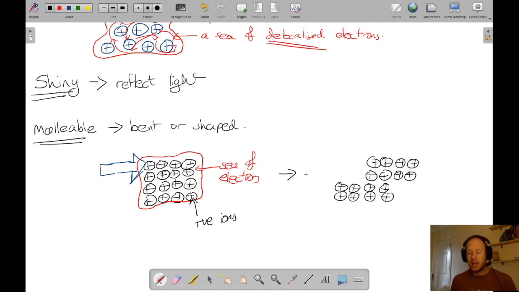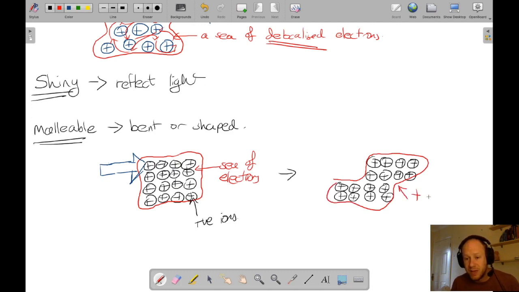Now, in most substances, if you were to do this with the atoms, it would just shatter and break. In non-metals, if you've ever tried to bend a pencil and it breaks into two, it's because the atoms are being forced away from each other and they just break. That's what should happen in this situation. But because of this sea of delocalized electrons, those electrons move with the atoms and hold it together.